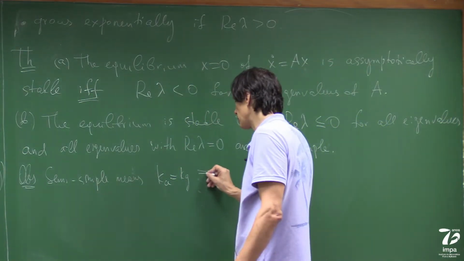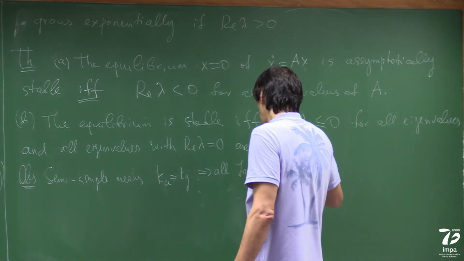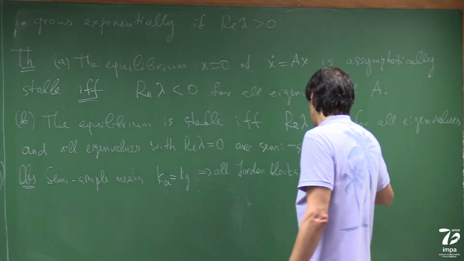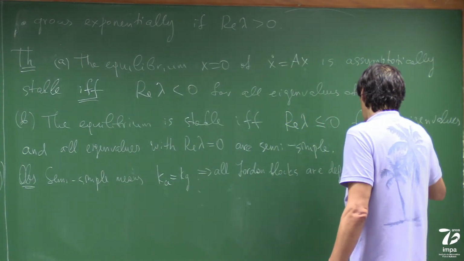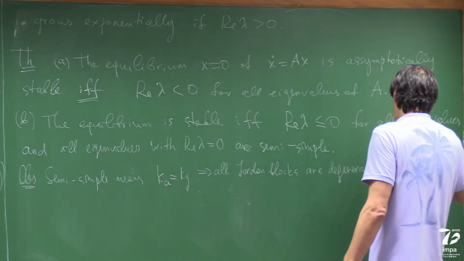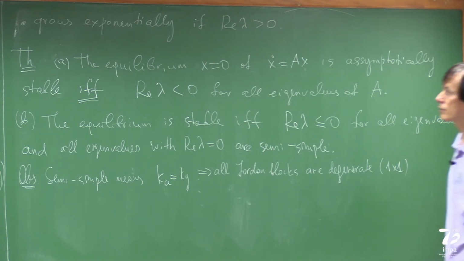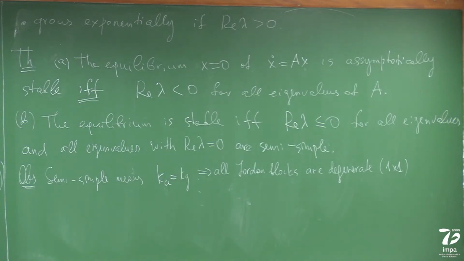And this means that all Jordan blocks are degenerate, so all the Jordan blocks are one by one. So there are no Jordan chains. There are only eigenvectors. There are no generalized eigenvectors. So if there is no generalized eigenvector, there are no terms where the exponent is multiplied by t.